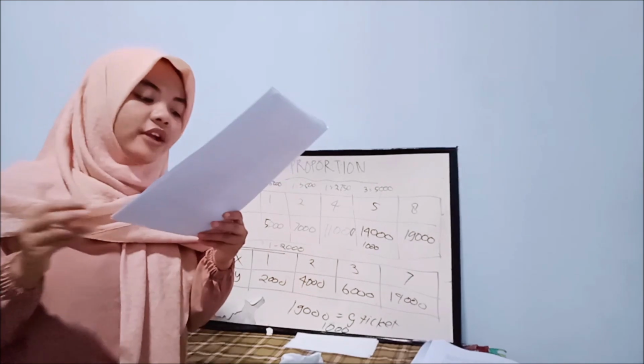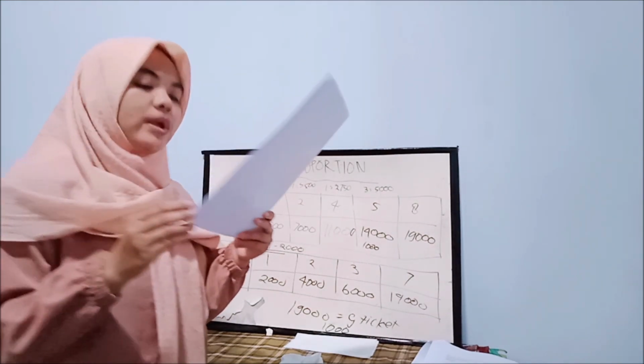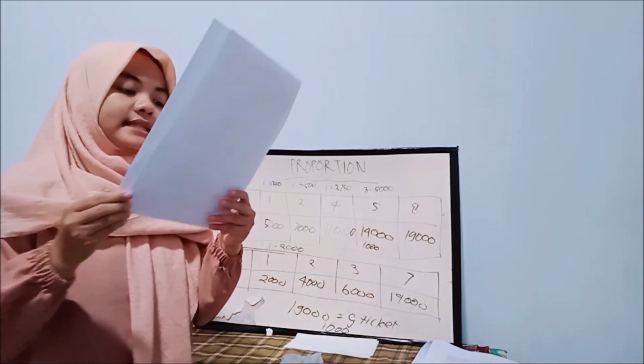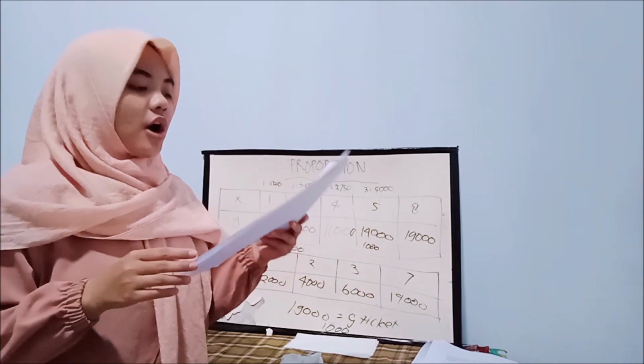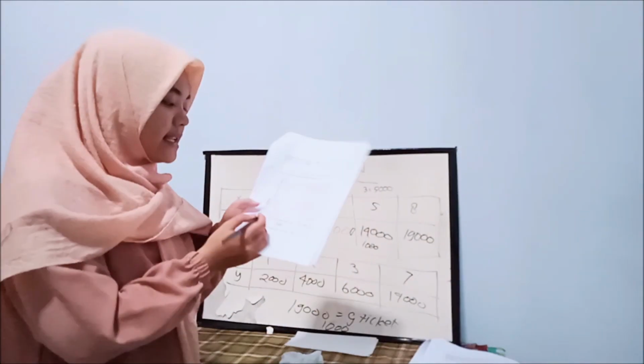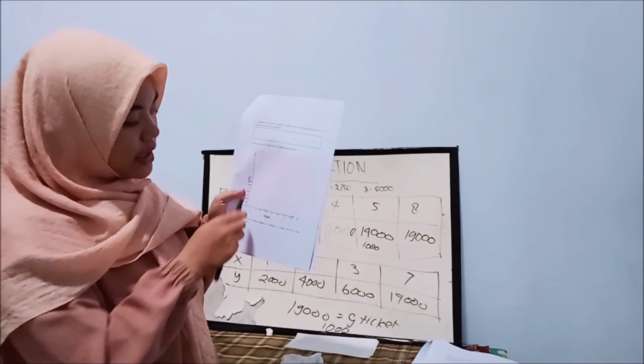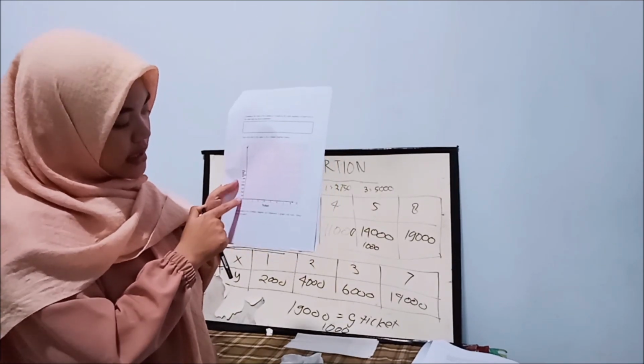If the points on the Cartesian diagram are connected, a graph will form. If I connect this point and this point, we will have a straight line.